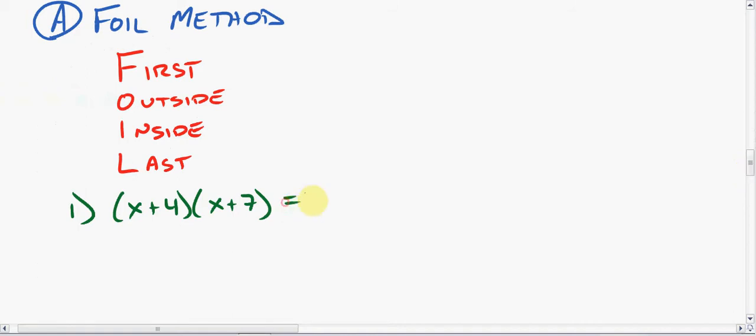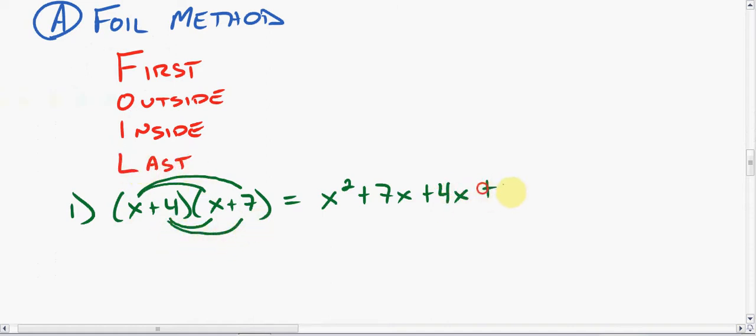So we've got the quantity x plus 4 times the quantity x plus 7, and we're going to multiply the first terms. So x times x is x squared. Now the outside terms, x times positive 7 is positive 7x. Now the inside terms, 4 times x is positive 4x, and the last terms, 4 times positive 7 is positive 28.